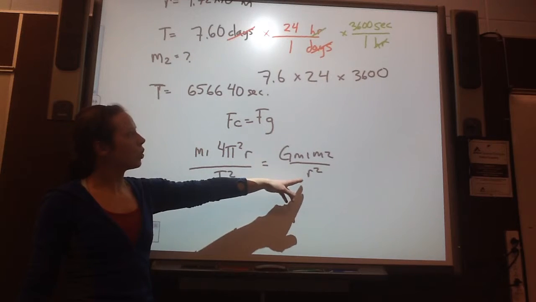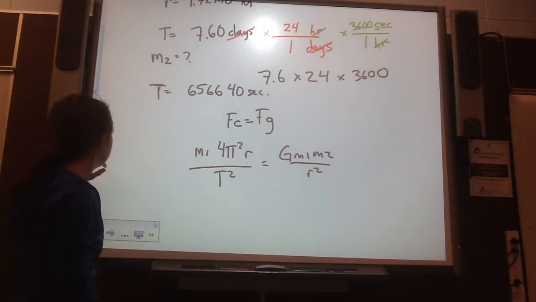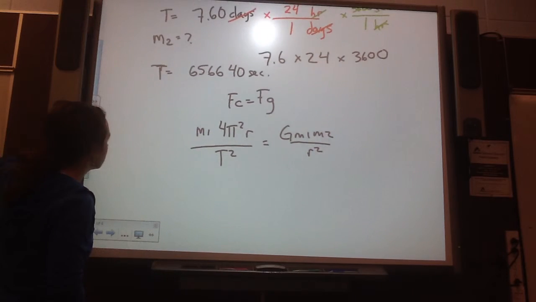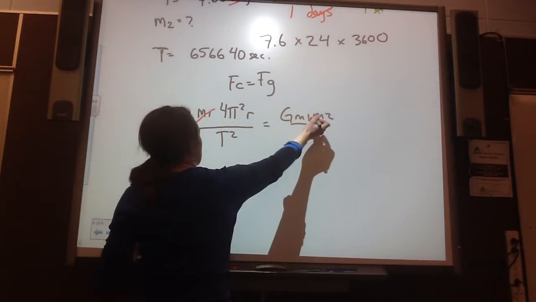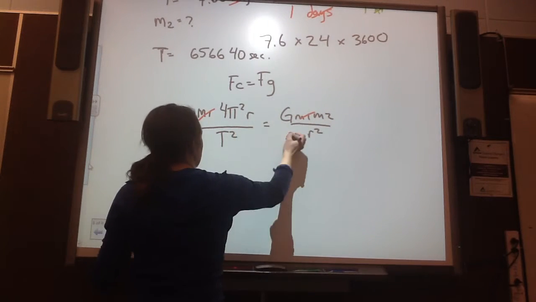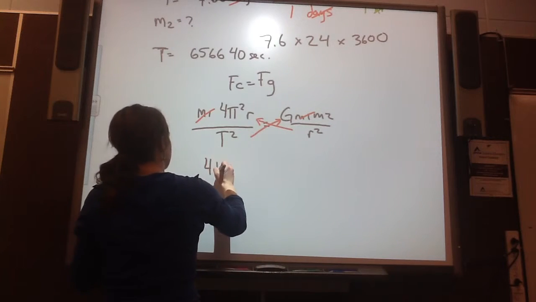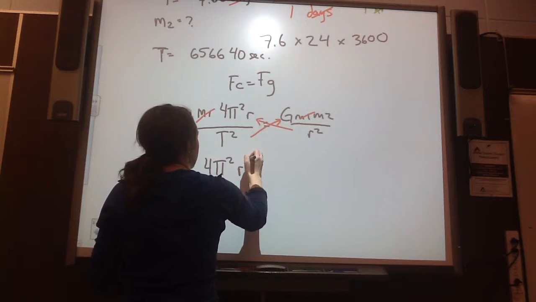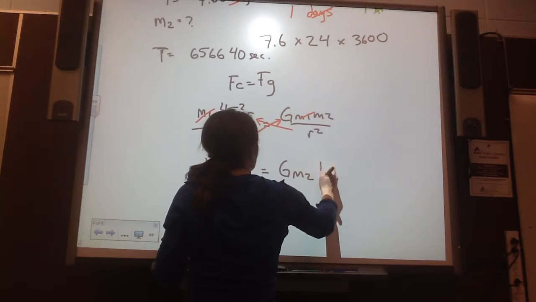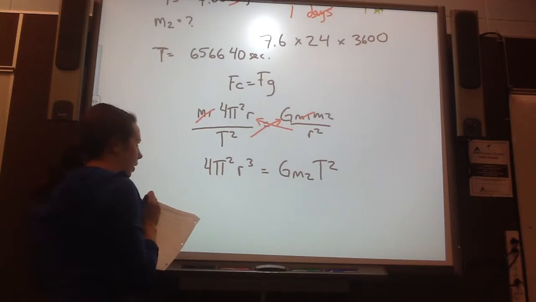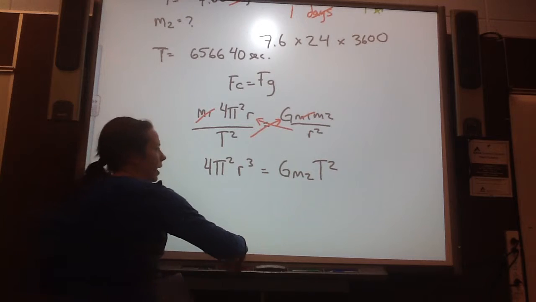The only time you don't is when you're given your gravitational field strength. Cross off our M1s and cross multiply. So I have 4 pi squared times R cubed is equal to G times M2 times T squared. So I'm solving now for M2.